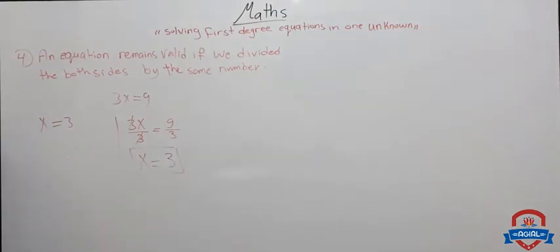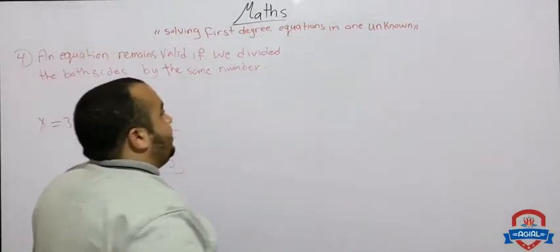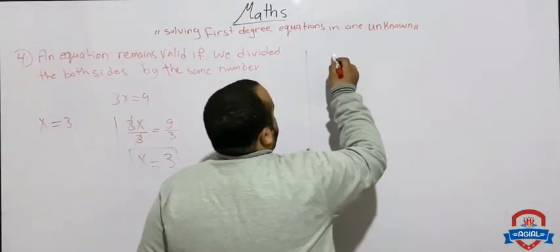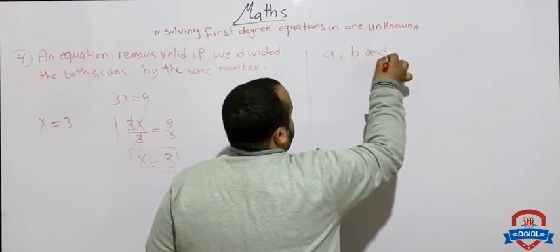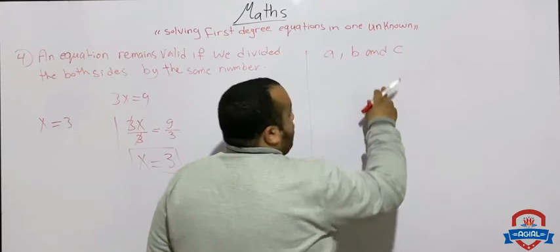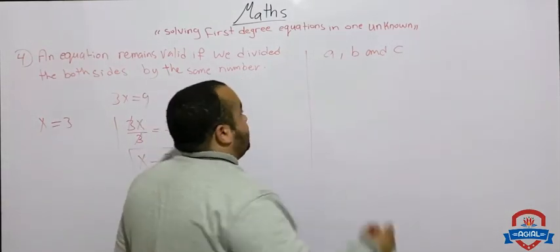The value of x is not changing. So an equation remains valid if we divide both sides by the same number. And in general, we can say that if we have the numbers a, b, and c, we have these properties.